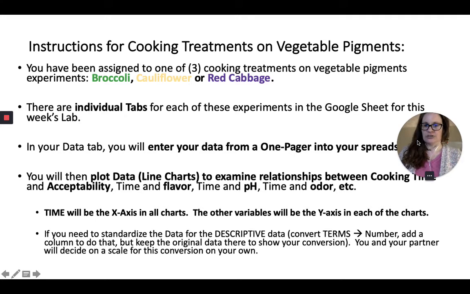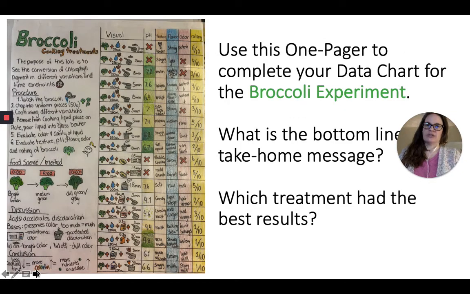So let's show you some examples here. Here's the one-pager for broccoli, and the broccoli people are going to use this one-pager to complete your data chart. You're going to extract all of the data from this chart into your tab for the broccoli experiment. pH is already numerized.